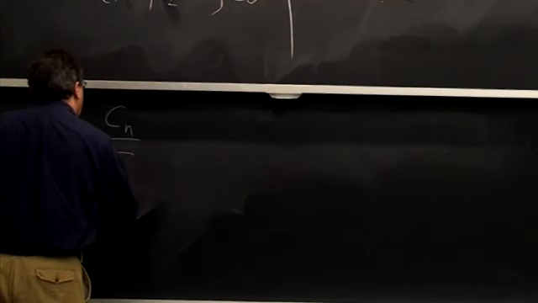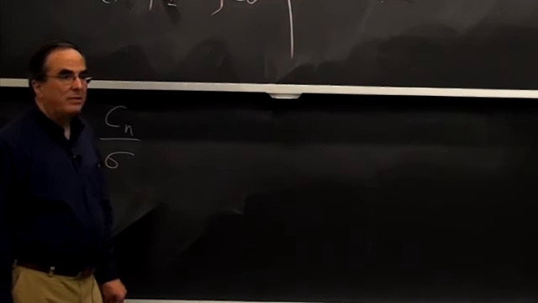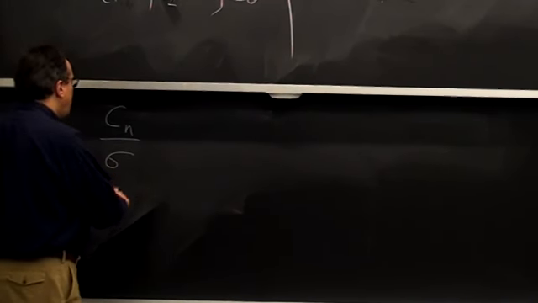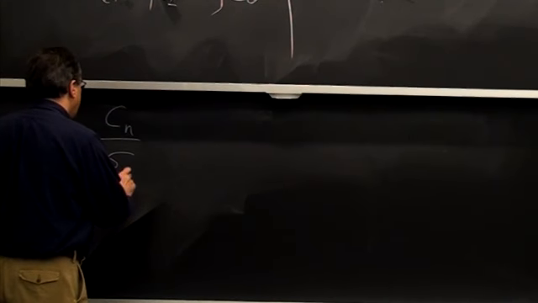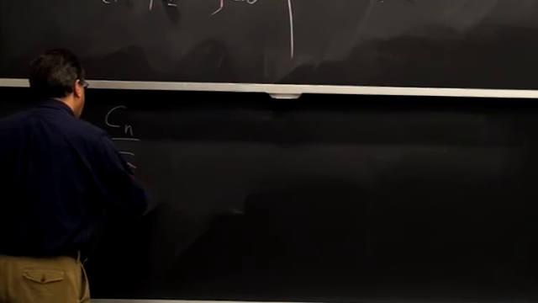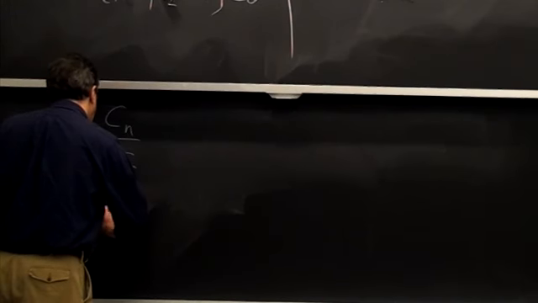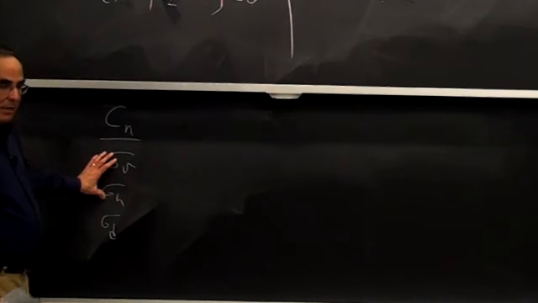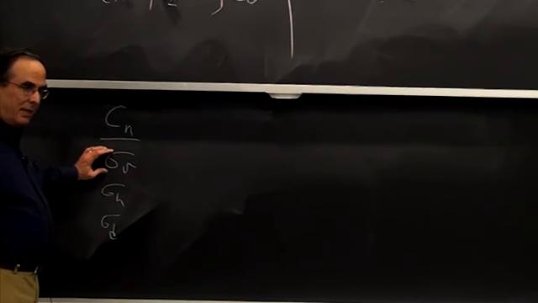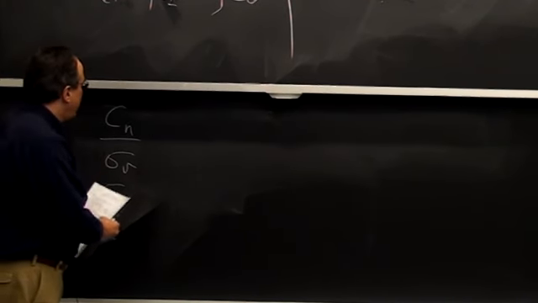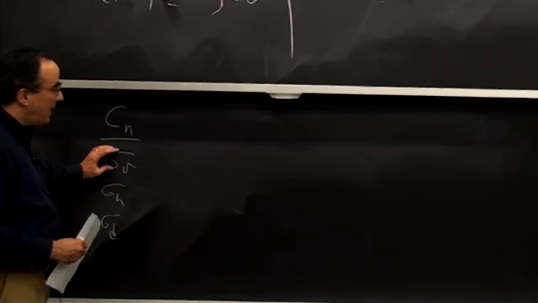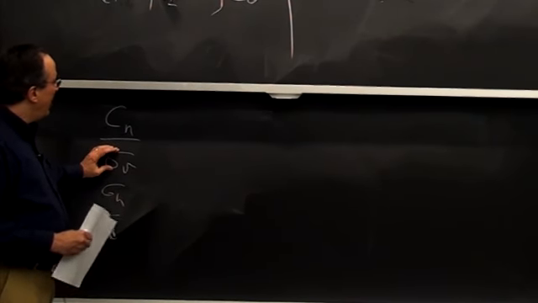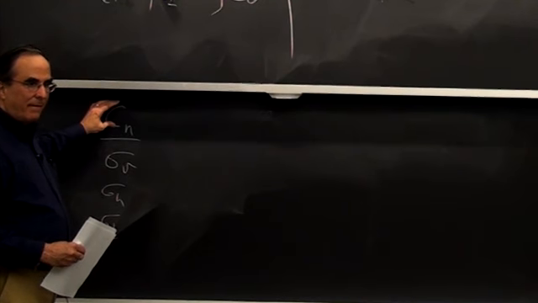There are planes of symmetry, all of which are called sigma. And there are three kinds of sigmas: sigma V, sigma H, and sigma D. Most of the symmetry planes that we see are sigma V. This is a plane that contains the highest order rotation.